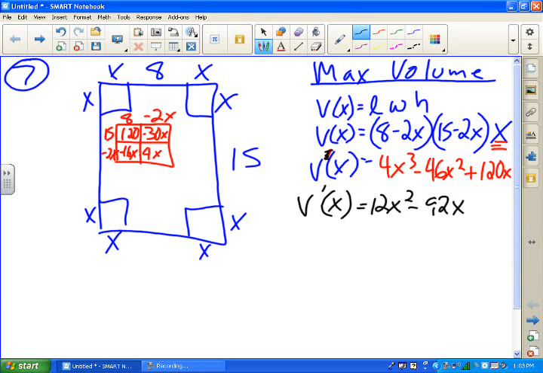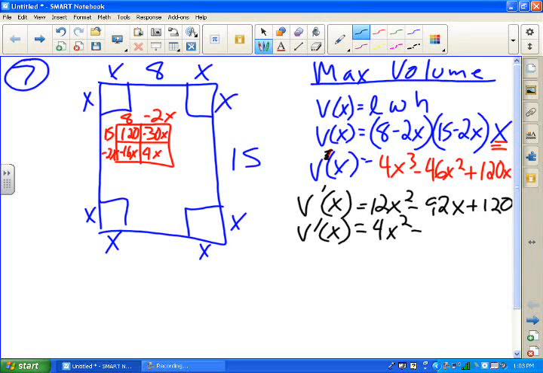I'm sorry, it's hard to talk and write at the same time. So anyway, this is my derivative of the function. Now remember, in order to solve, we're going to set it equal to 0.